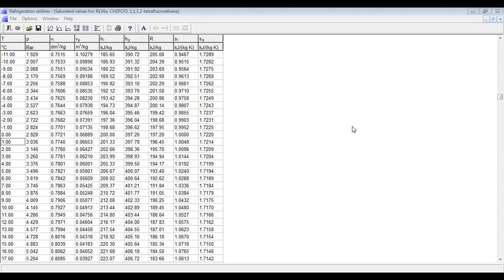Cooling application. Let's say this is chilling, or even air conditioning applications, you can use this temperature maybe.